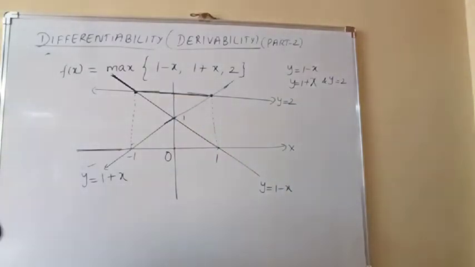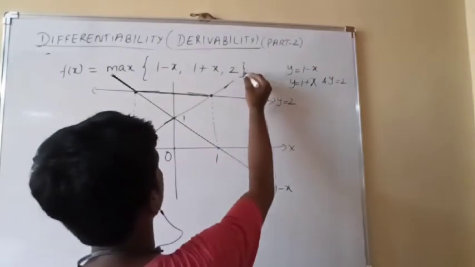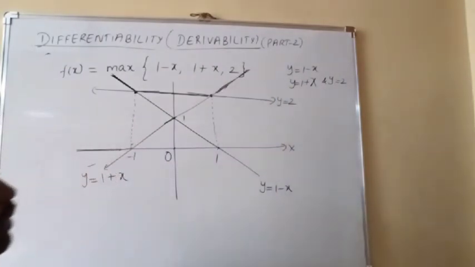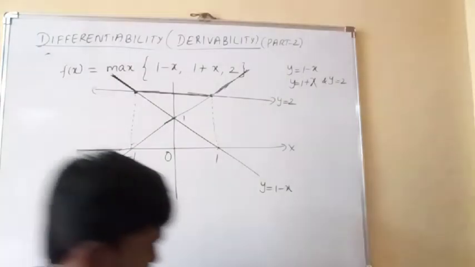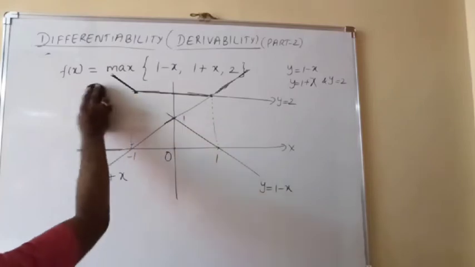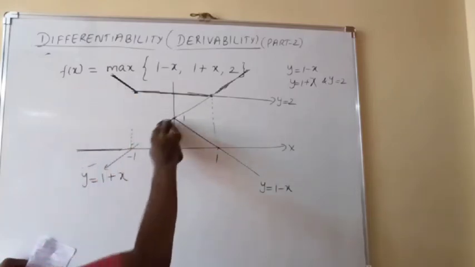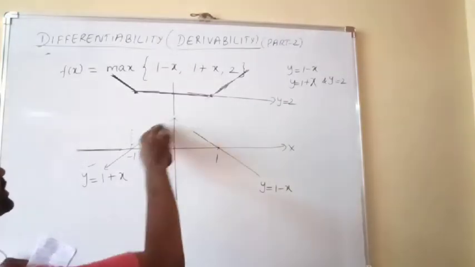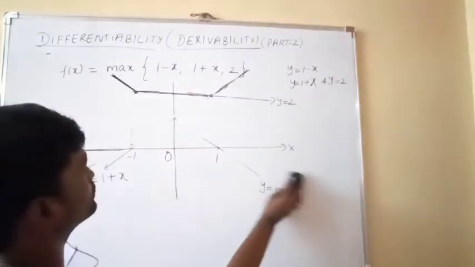And after 1, the upper curve is y is equal to 1 plus x. So the graph of f of x will be like this.